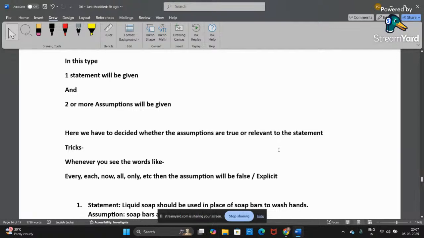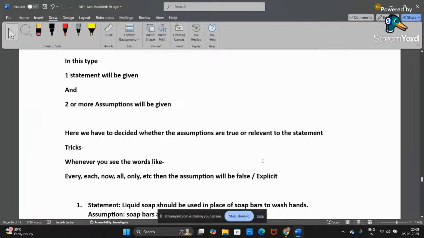For example, they are given the statement. First, we have to read that and analyze ourselves. We have to use our common sense and analyze whether the assumption is related to the statement or not. If it is related, then it is true. If not, it is false.